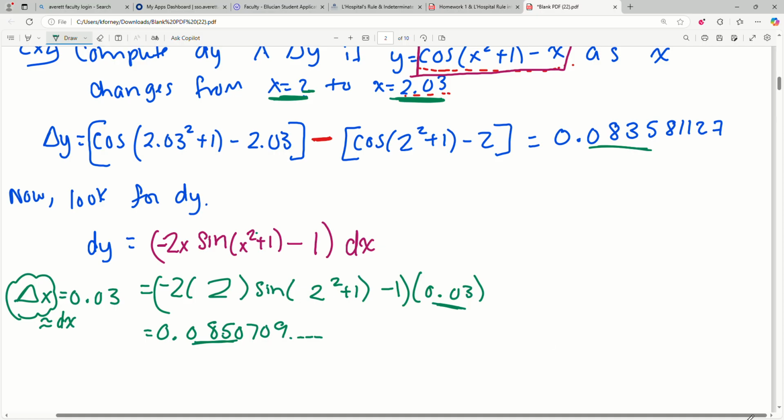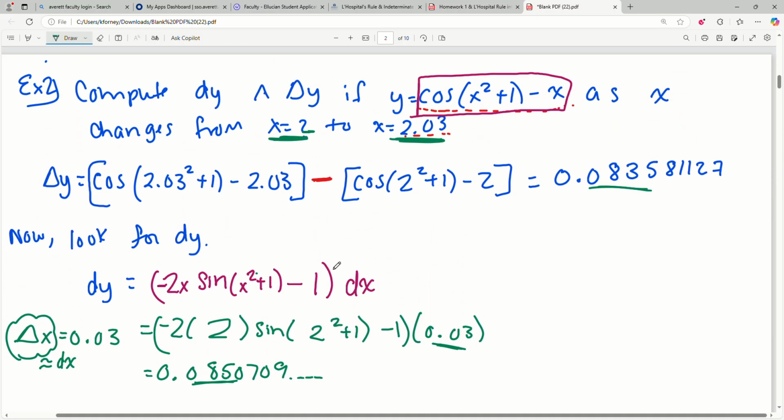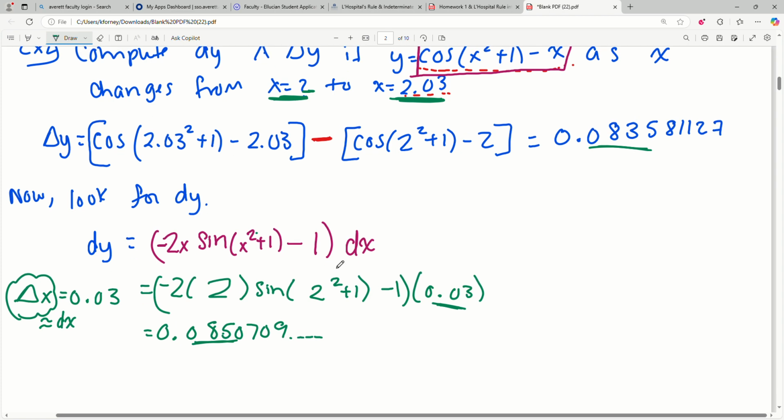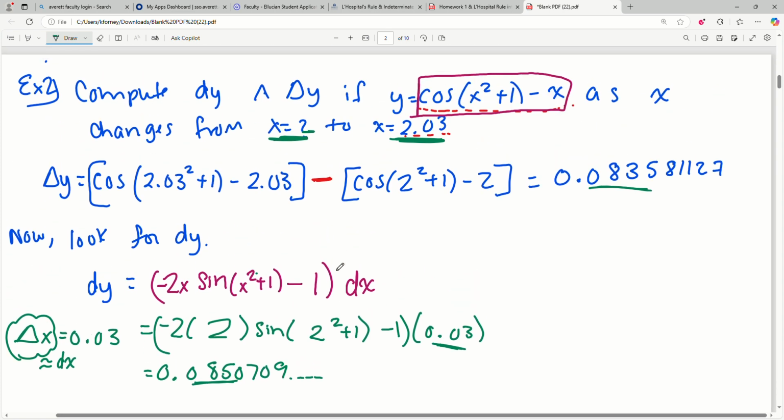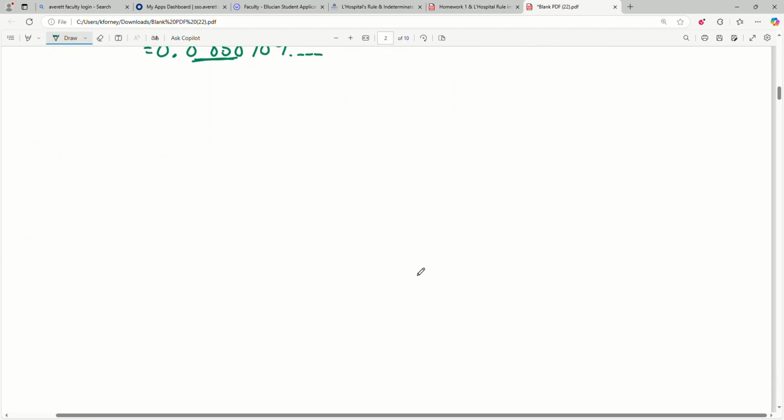So this is an application, but it's applying it to just a problem. Let's look at something that has a little more application to it.